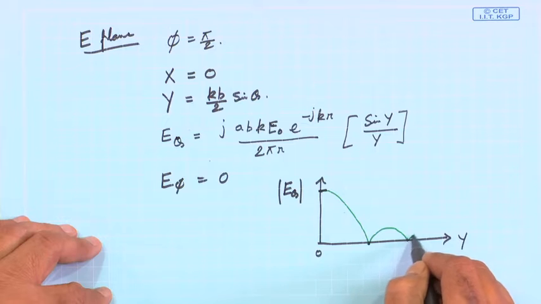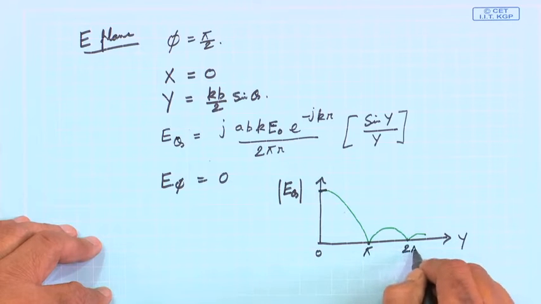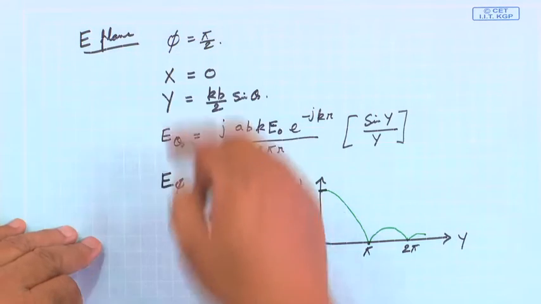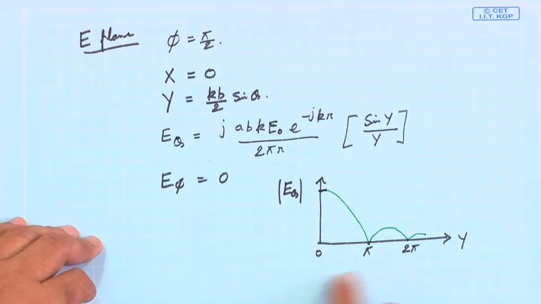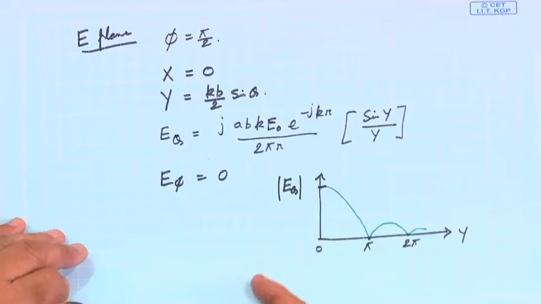This point is pi, this point is 2 pi, etc. Let me now draw the H plane pattern, and then we will analyze the various beam widths. So this is the E plane.